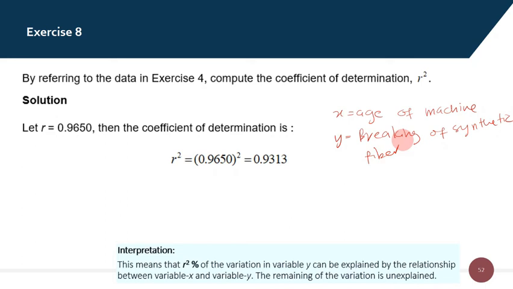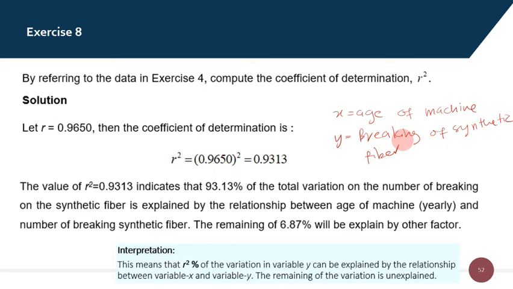Okay, so you know your x and y. The value of r squared equal to 0.9313 indicates that 93.13% of the total variation on the variable y, which is the number of breakings of the synthetic fiber, is explained by the relationship between age of machine in years and number of breakings of synthetic fiber.